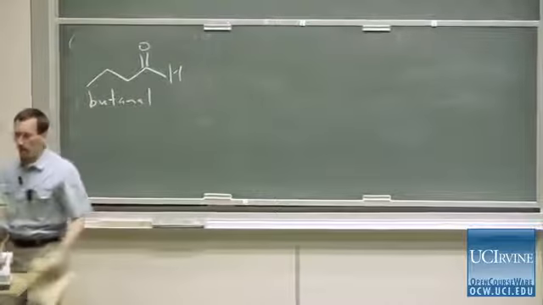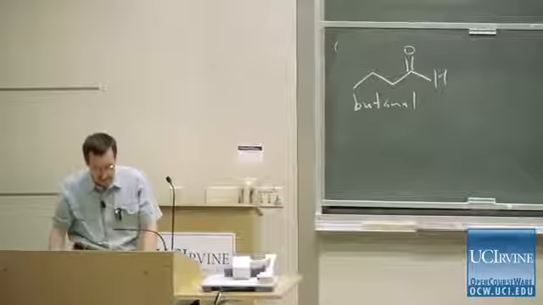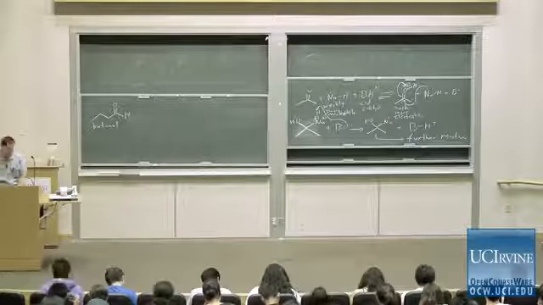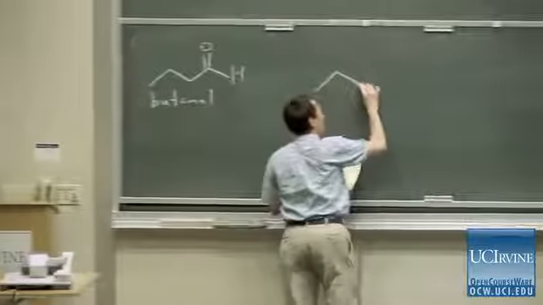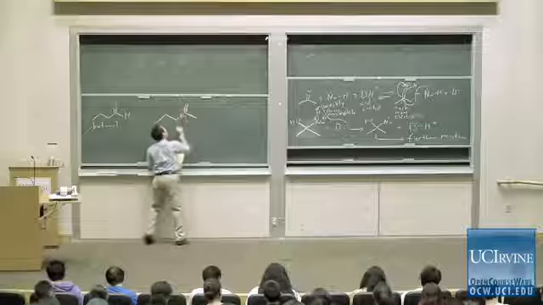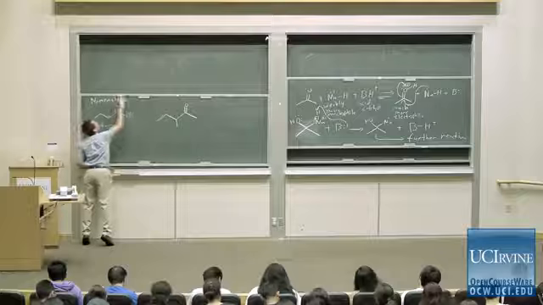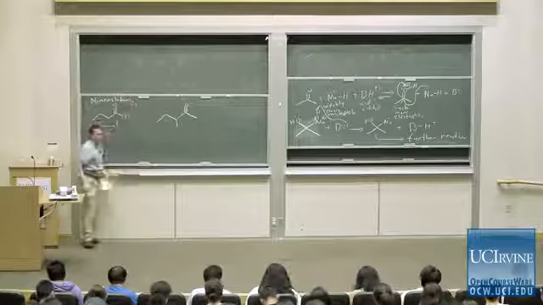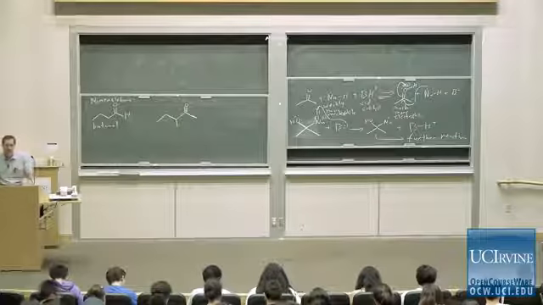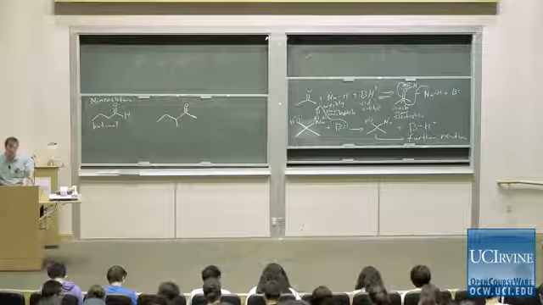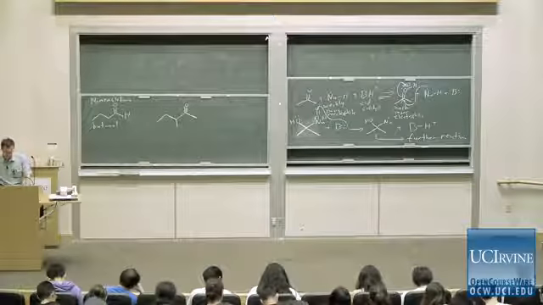The aldehyde can only be at the end of a chain, so we don't need to put any number to it. On the other hand, if we have a ketone, let's take this example. Now, of course, you can have a ketone's carbonyl at various positions. We've got to identify the principal chain. The longest chain in this molecule is a 5-carbon chain.